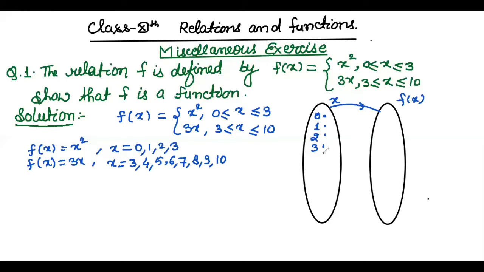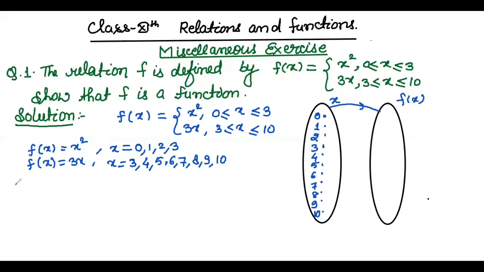So after that 4, 5, 6, 7, 8, 9 and 10. So I have written the x values, and then we have to find out f(x) according to the condition. So one by one we'll find out.